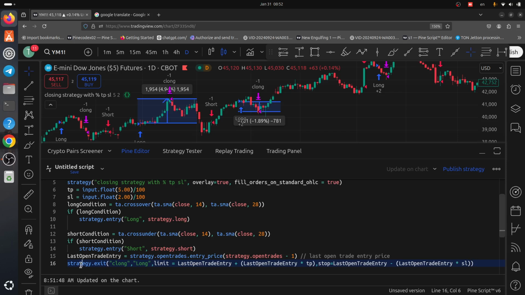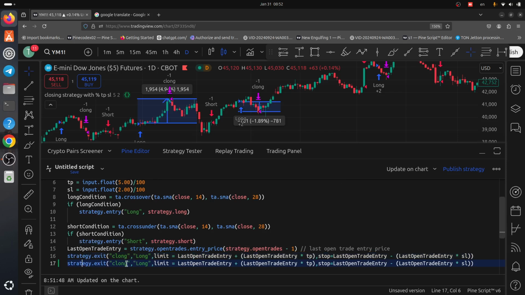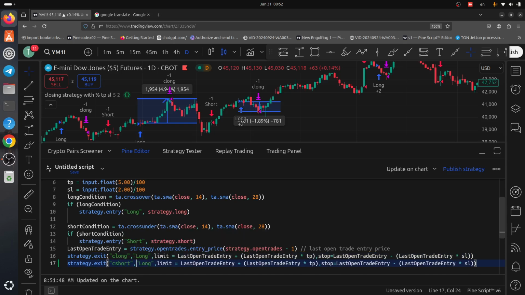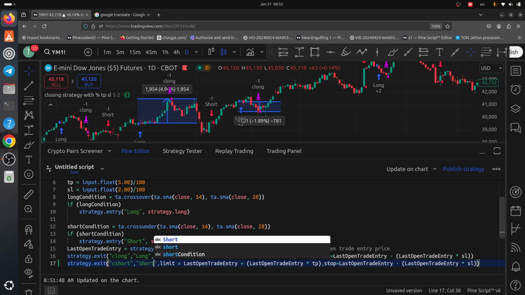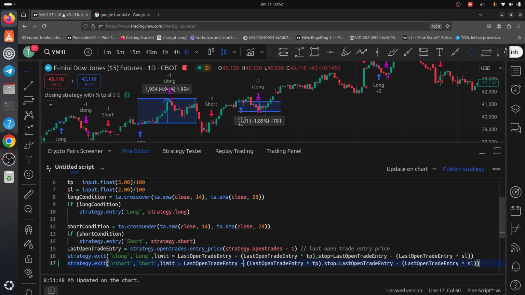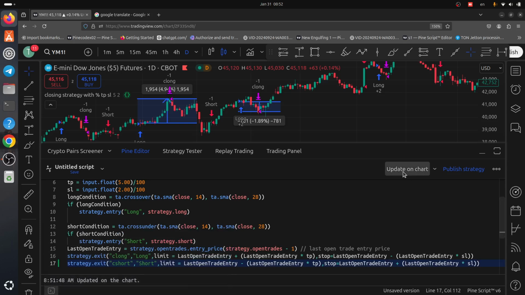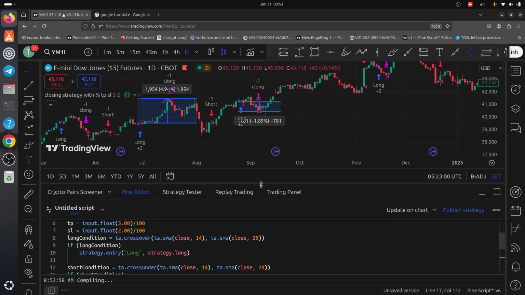For a short position, we reverse it. Here we add minus instead of plus, and replace the minus here with plus.